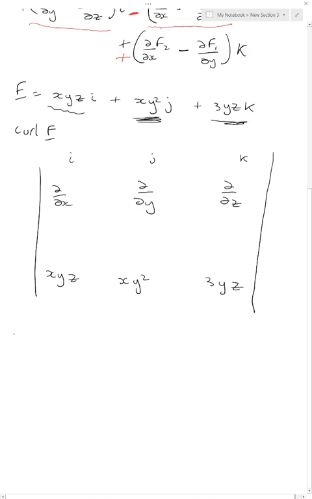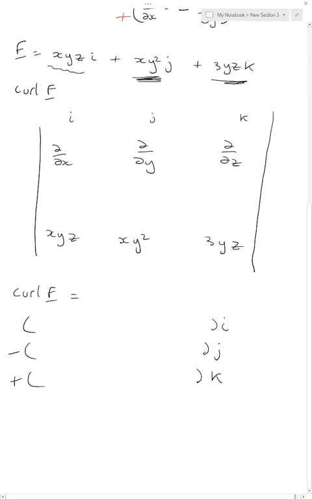Okay, so we can now find the curl of f, and we'll have so many i's minus so many j's plus so many k's. To find the coefficient of the i's in the first bracket, we cover up the column containing the i, so that first column is gone.